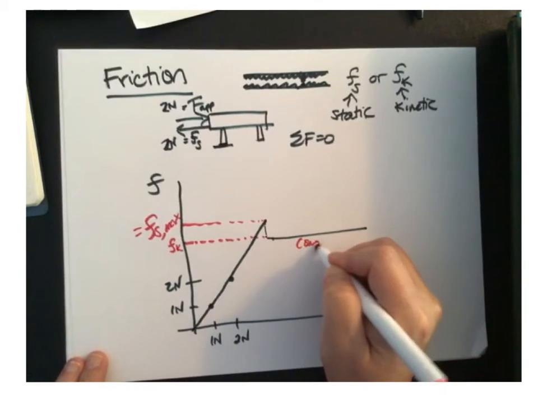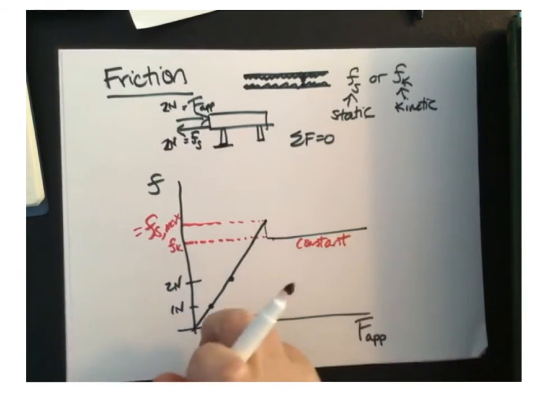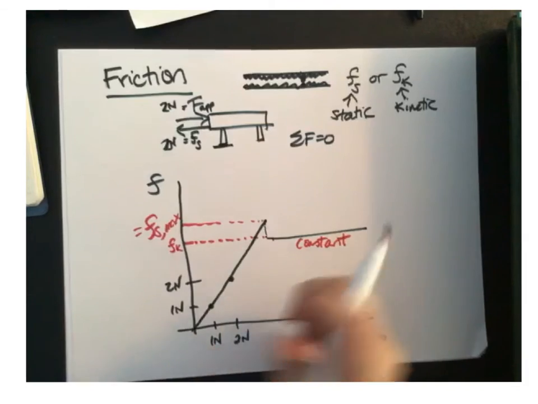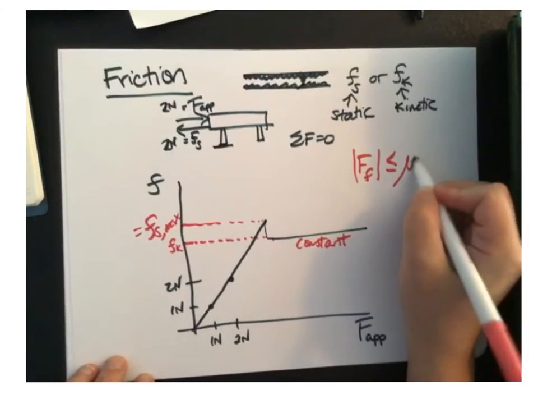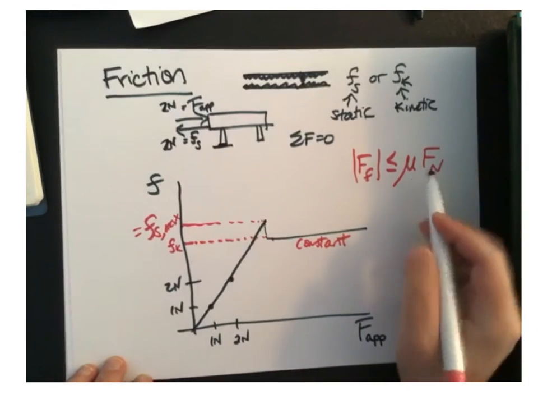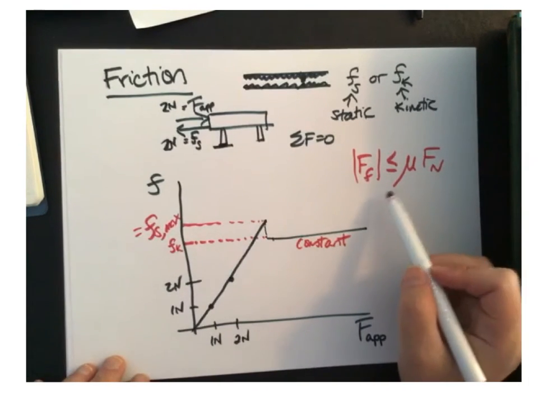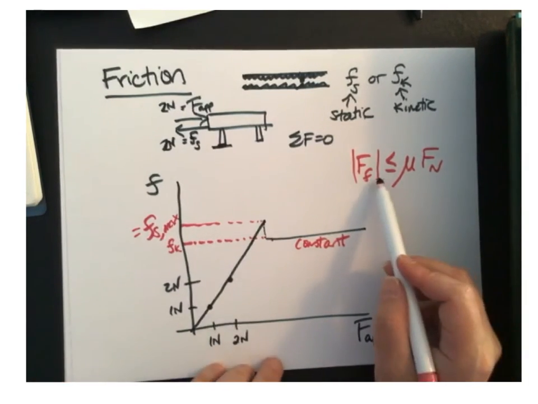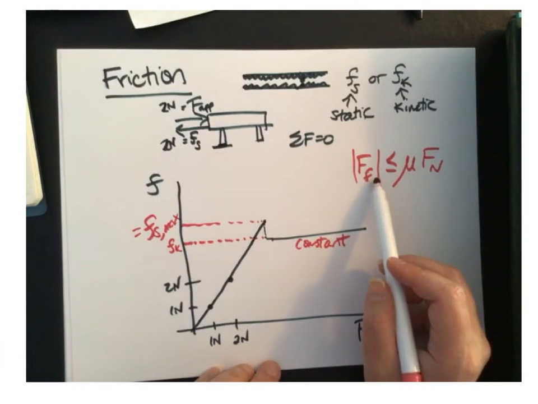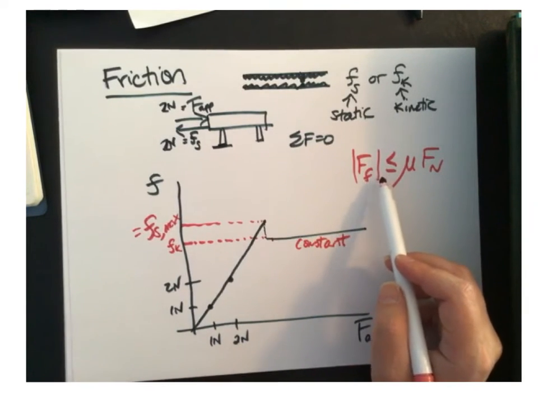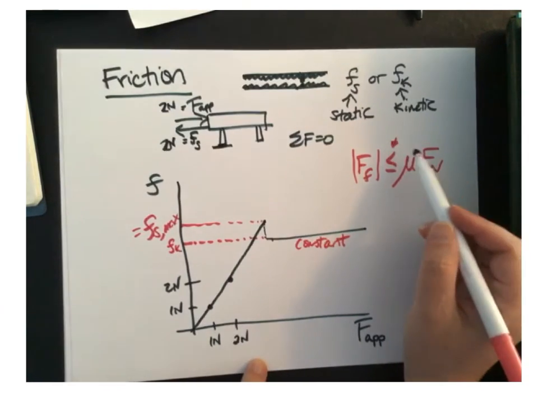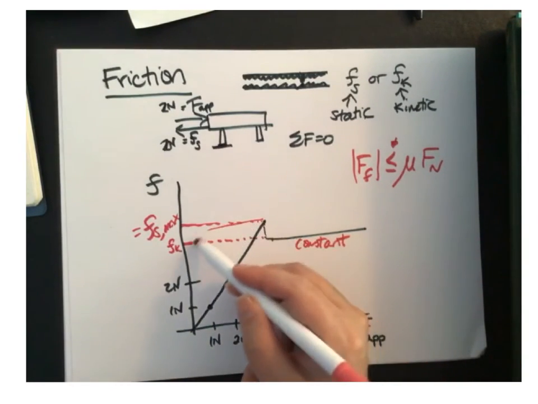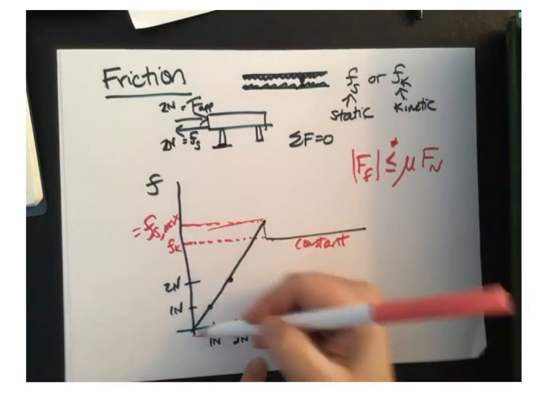You'll notice the kinetic friction is constant, okay? And if you look at your equation sheet, you see something that looks like this, mu Fn. So this is the coefficient of friction. Literally, no one ever uses this equation, okay? This is saying a lot of stuff, right? This inequality is describing this whole region, okay?